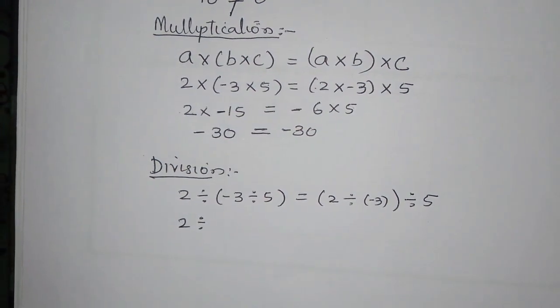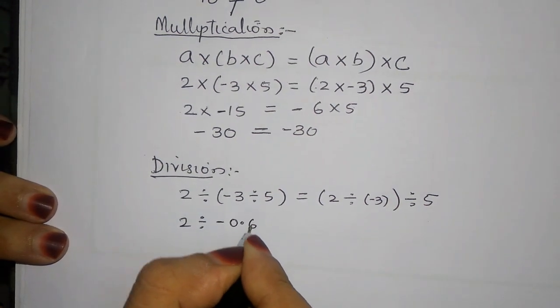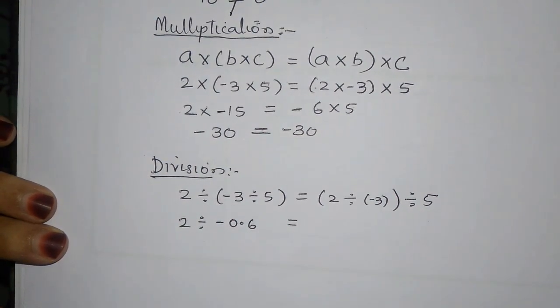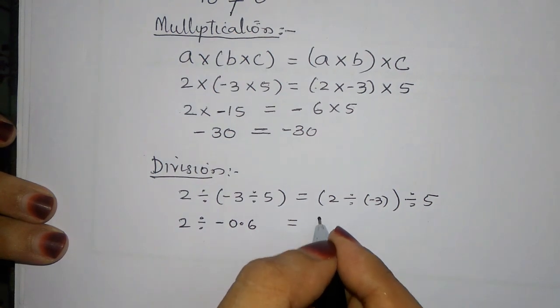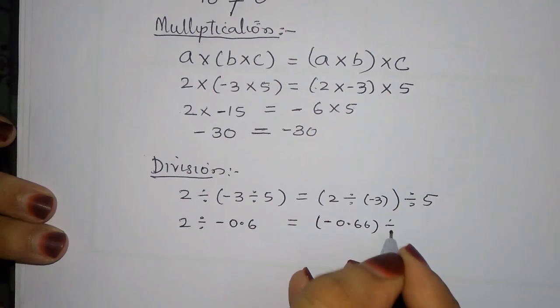So 3 divide 5, if we do, we will get 0.6, minus 0.6, and here 2 divide minus 3 we get minus 0.66, then minus 0.66 divide by 5.